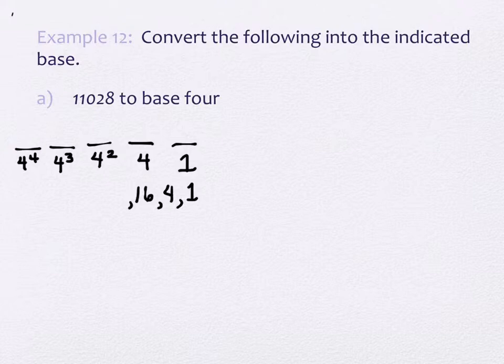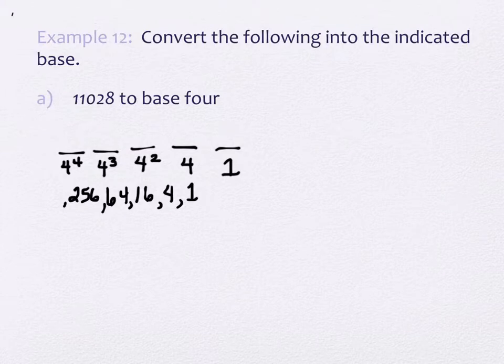What comes after 16? What's the next biggest value? 64. And then what's after 64? 256. Is that right? Okay, so I'm still not really very close to 11,000. Agreed? So let's do the next one. What would the next one be? 1,024.